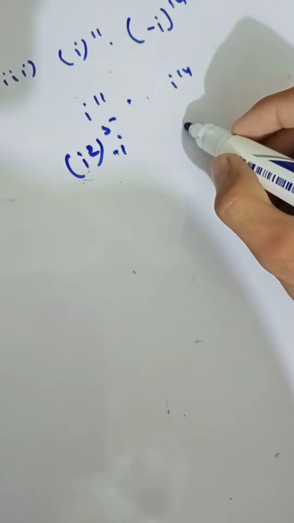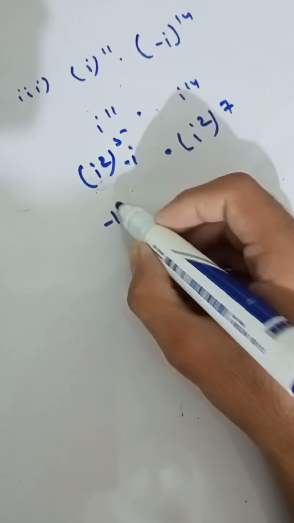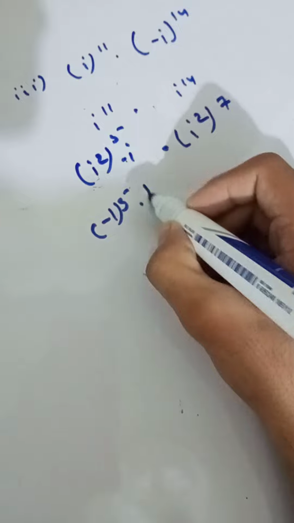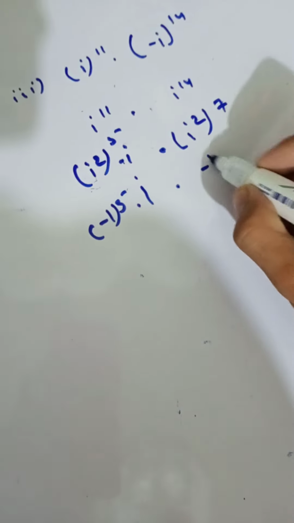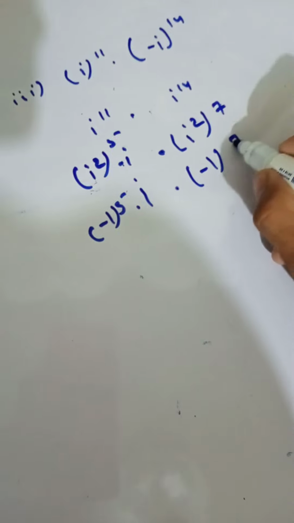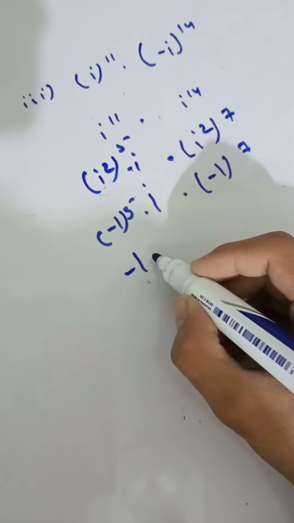Now iota power 11, here is dot iota square power 7. Now this will be minus 1 power 5 dot iota and minus 1 power 7. This will be minus 1 dot iota.